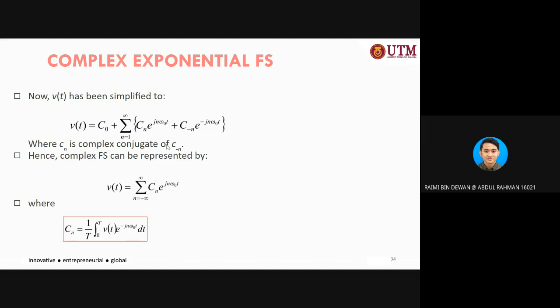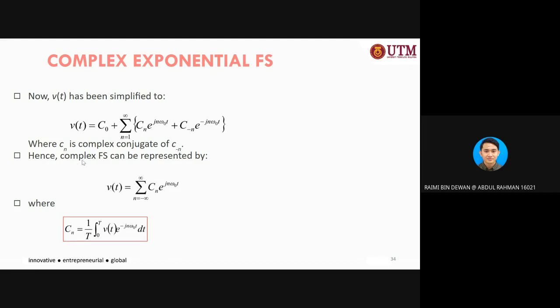During your secondary school, I think you did learn about complex conjugates. For a complex conjugate, the magnitude is the same but the sign is not the same. If one is positive, the other is negative. If one is plus 3, the other is negative 3. Something like that. So cn is the complex conjugate of c minus n.